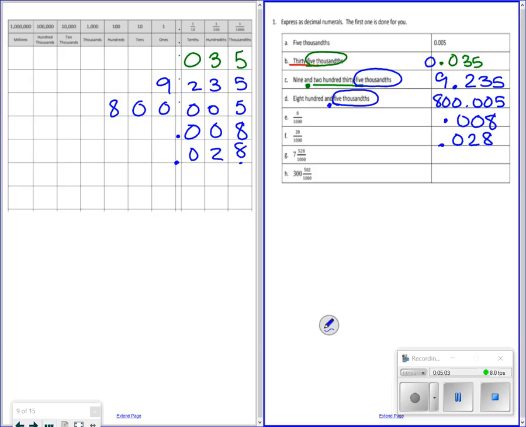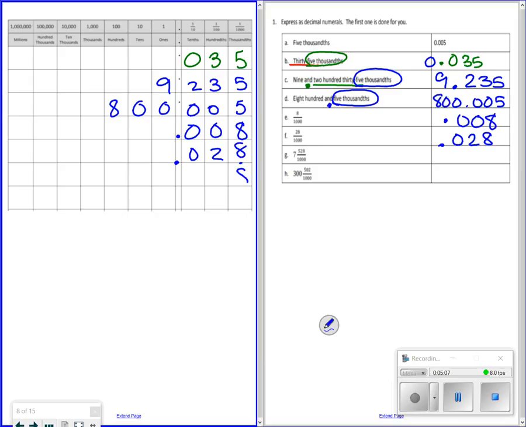So 528 over 1,000. So the 8 goes in the 1,000. 528. And I got my whole number 7 and. Have the denominator of 1,000 again.